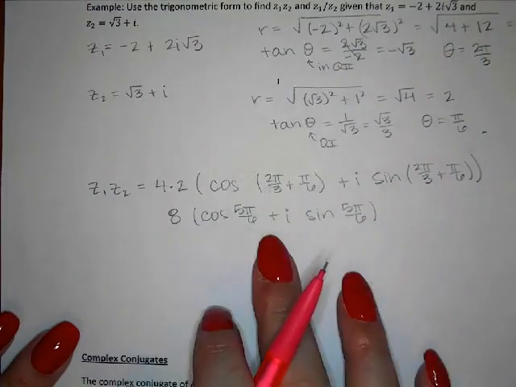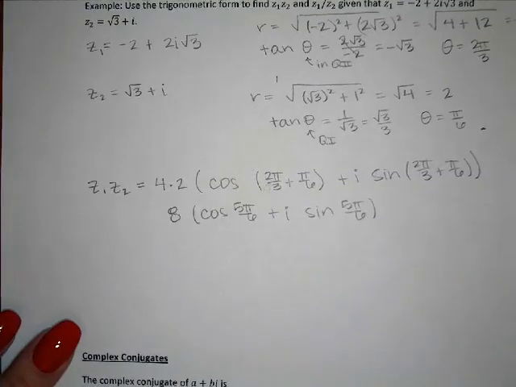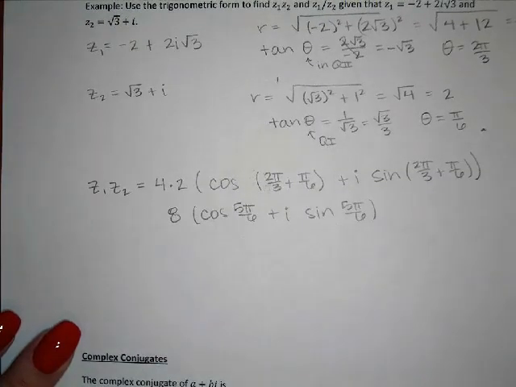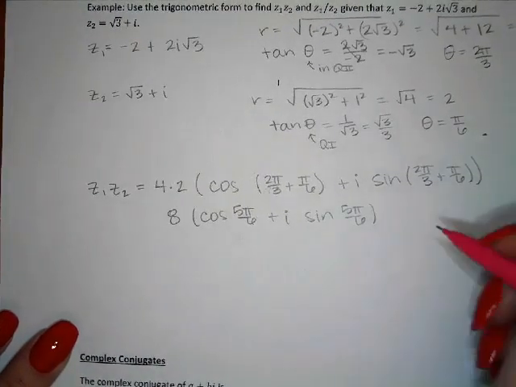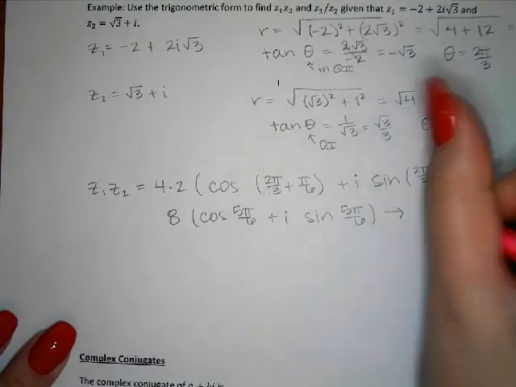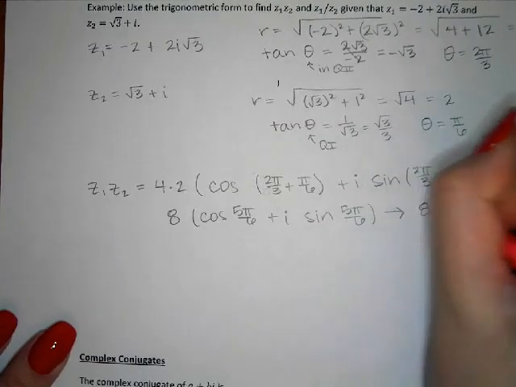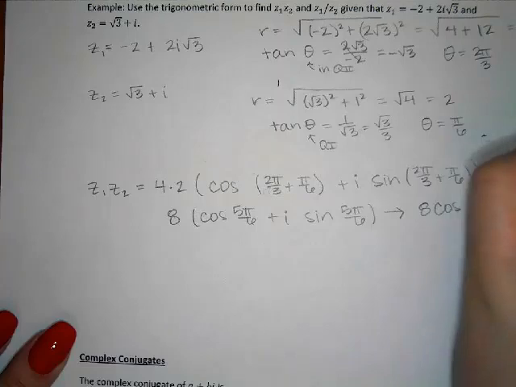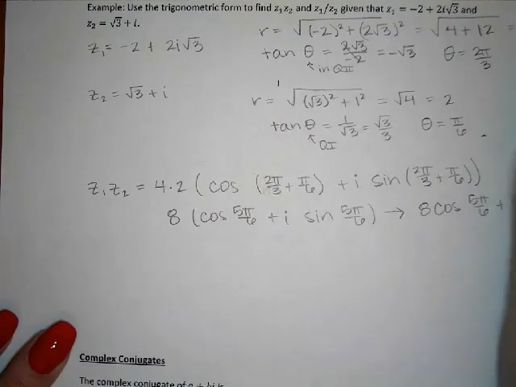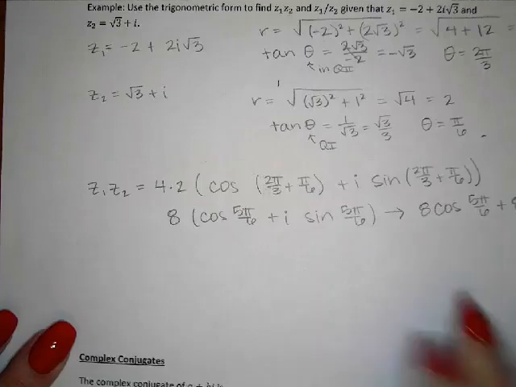So I have 8 cos 5 pi over 6 plus 8 i sine 5 pi over 6. At 5 pi over 6 on the unit circle, cos would be negative root 3 over 2.